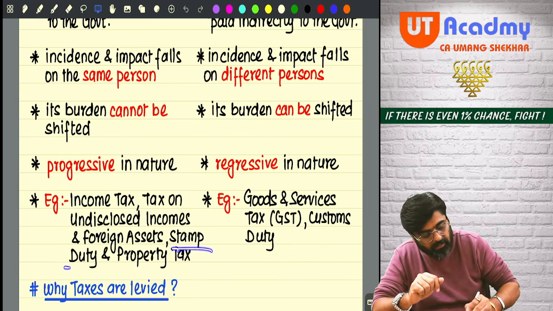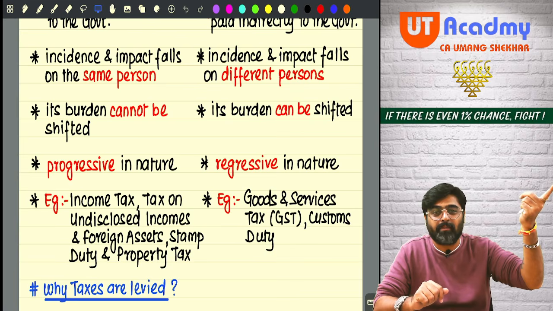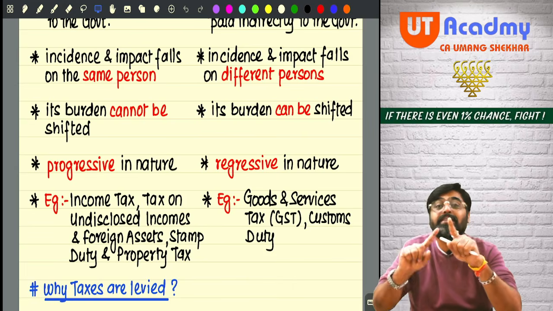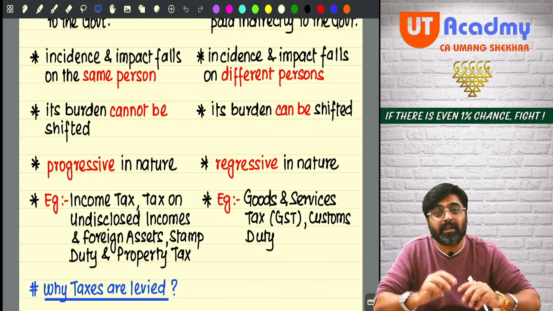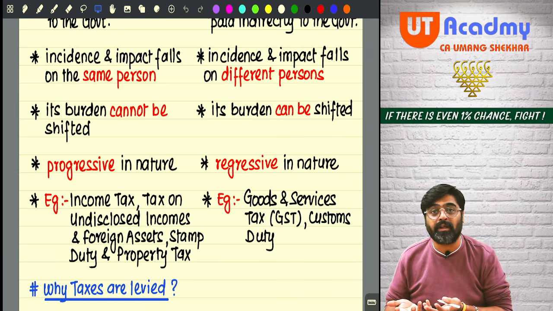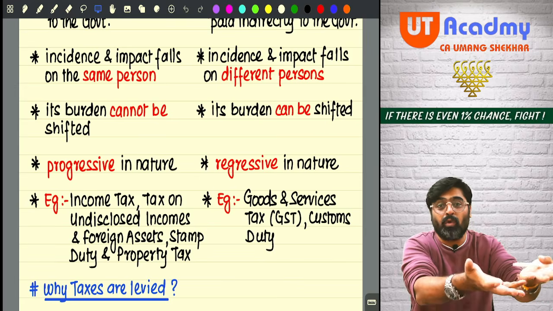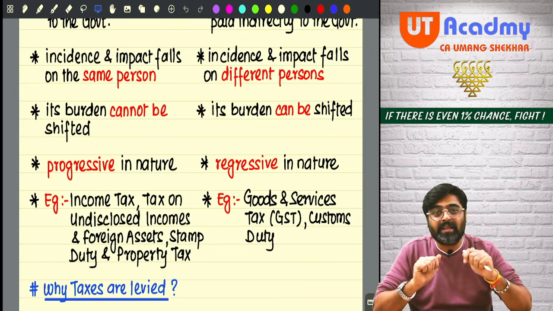This stamp duty and property taxes you will not learn in final CA, because this is not charged by central government, this is charged by state government as well as local authority. And there are many state governments and many local authorities, they have their own law, own rules for levy and collection of these type of taxes.